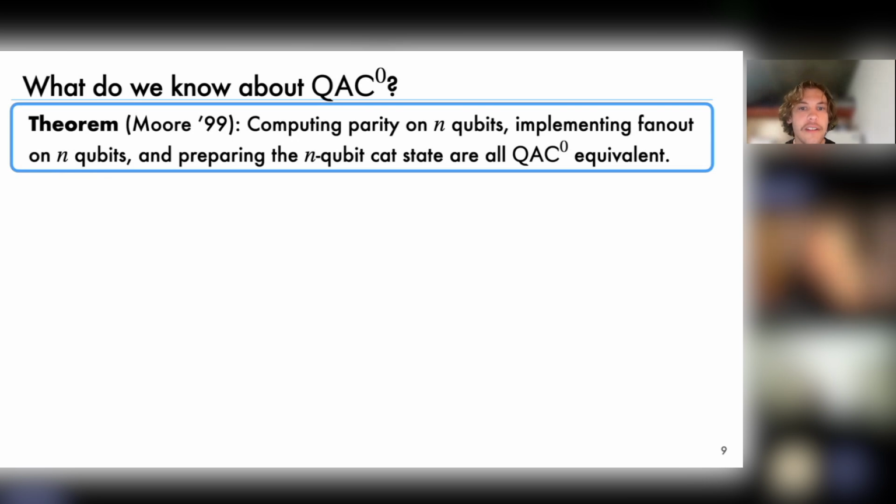And in particular, these tasks are computing the parity of n bits, preparing the n-qubit cat state, and implementing fan-out on n qubits, which I haven't defined yet, but this is it.